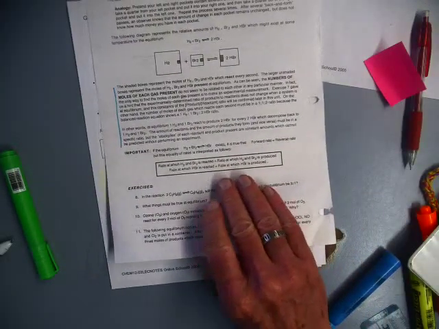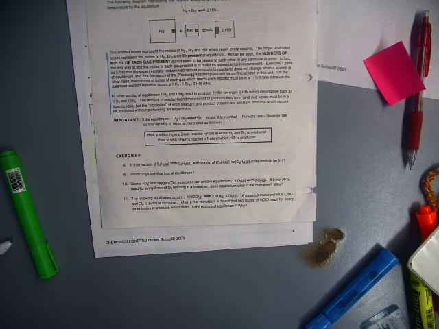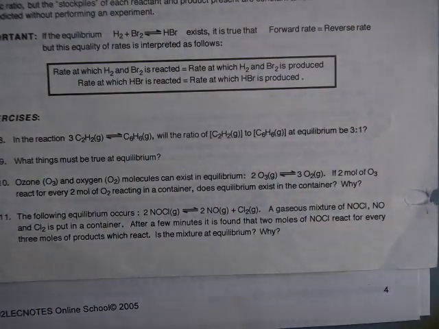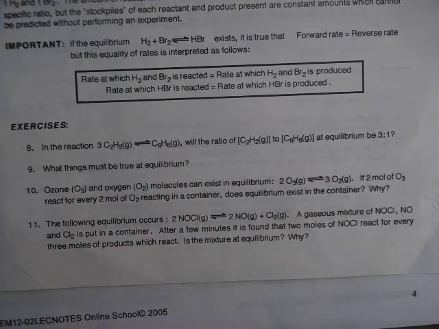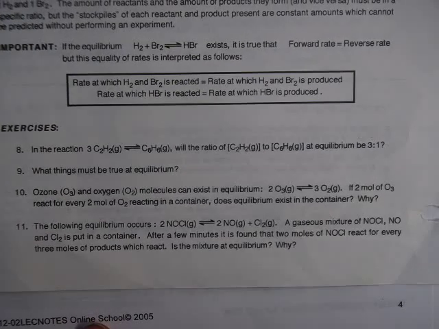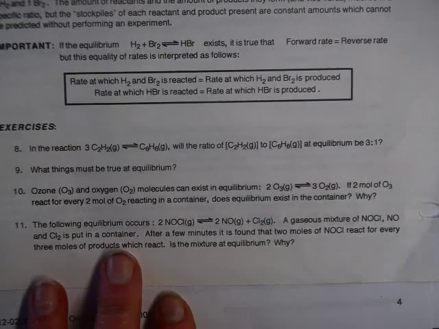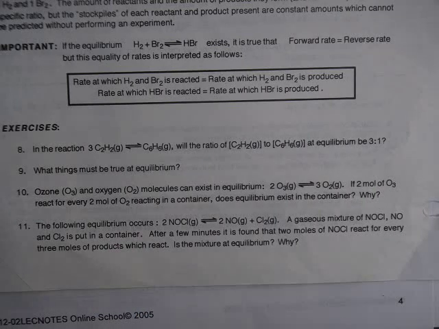Hebden, page 42, question number 8. In the reaction of 3 molecules of ethine producing benzene, will the ratio of the concentration of ethine to benzene at equilibrium be 3 to 1?